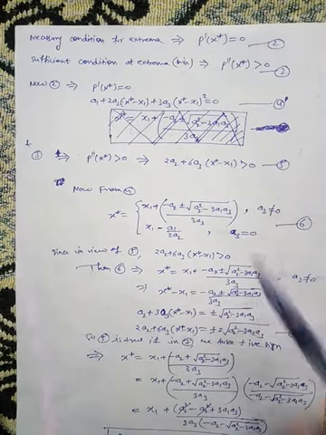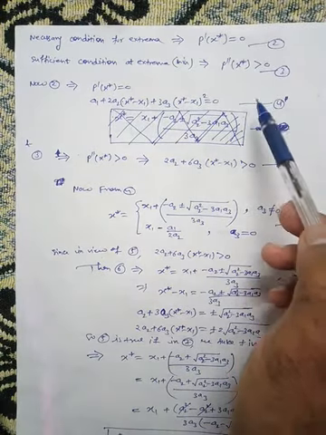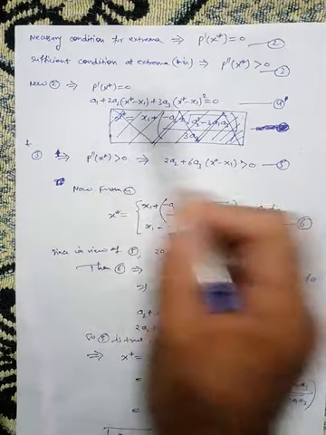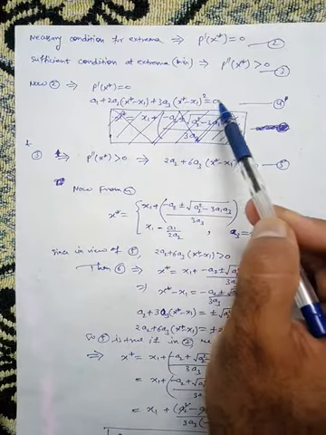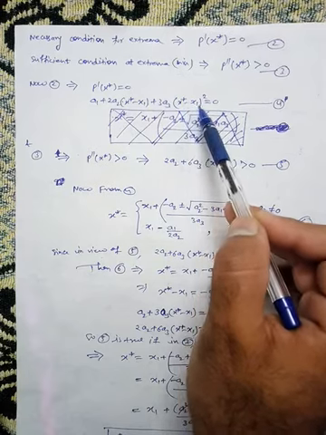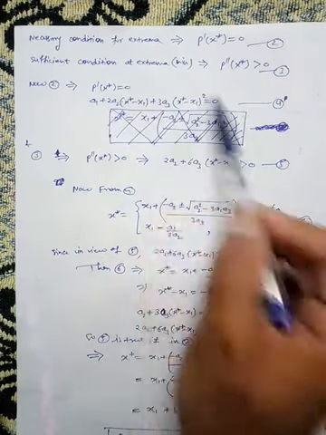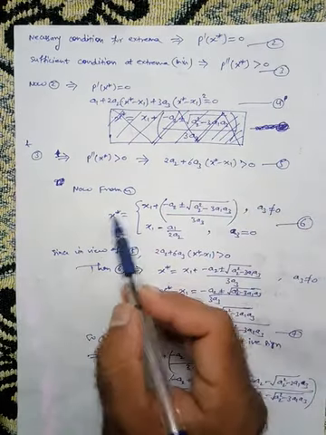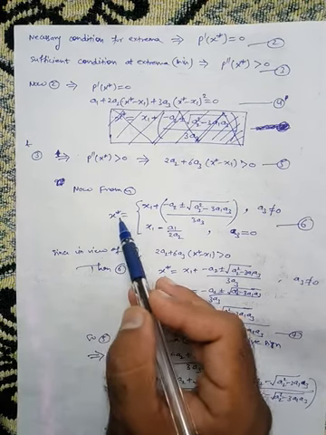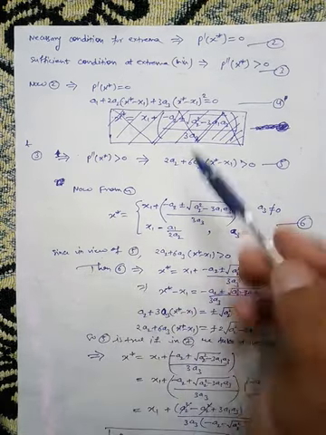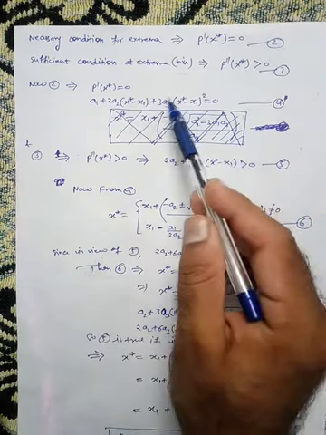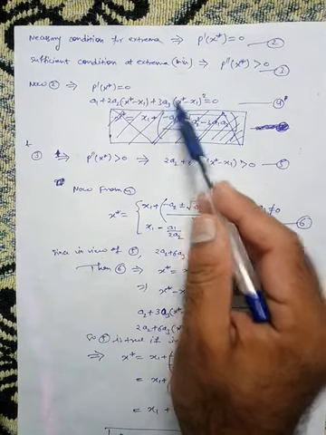Now we have equation number 4, which is a quadratic equation in x star minus x1. When you find x star from here, we have two cases: when a3 is 0, and when a3 is non-zero.